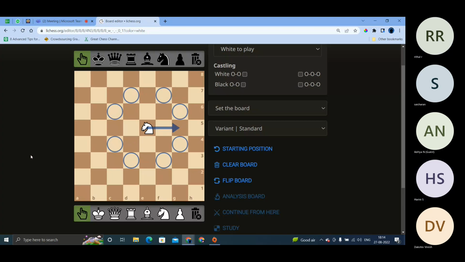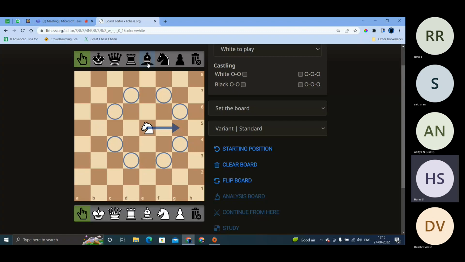Okay. Now we only have to consider the landing square in the case of a knight. We don't consider these ways. This knight will not control these two squares, but it will control this square. Wherever it lands, it will control only that square. It was not the case in other pieces, right?